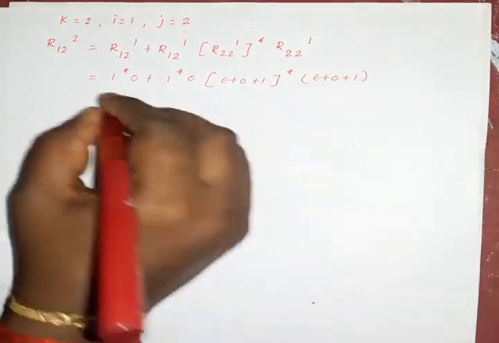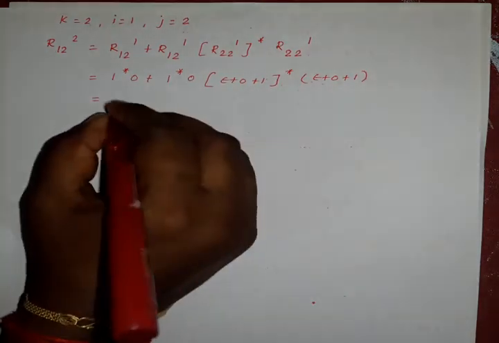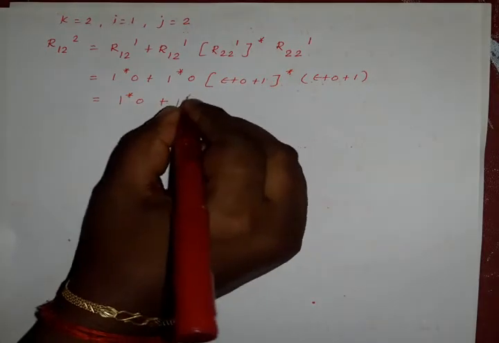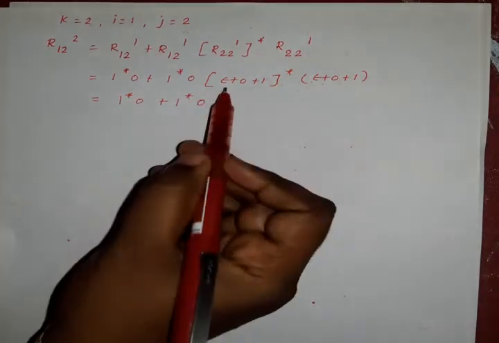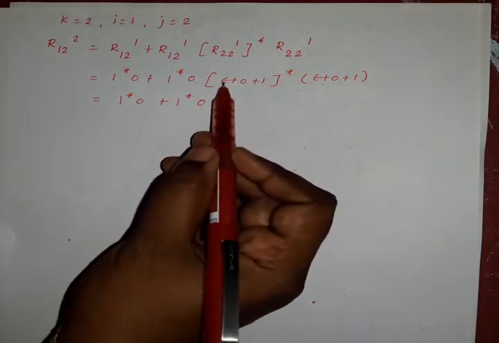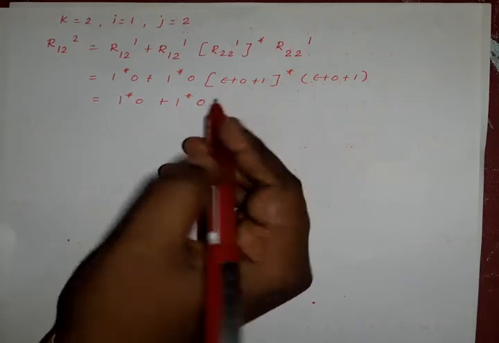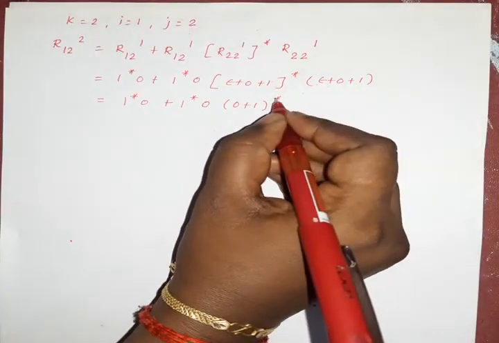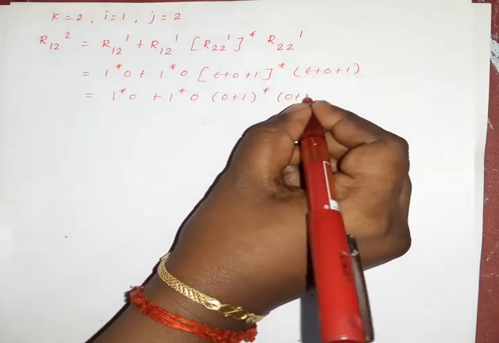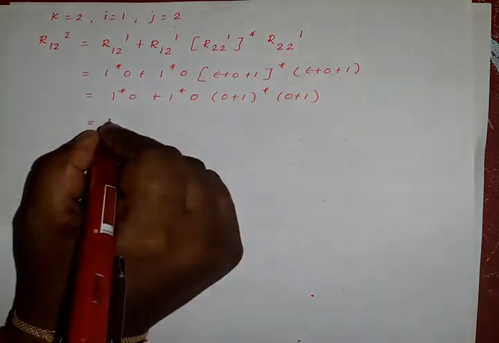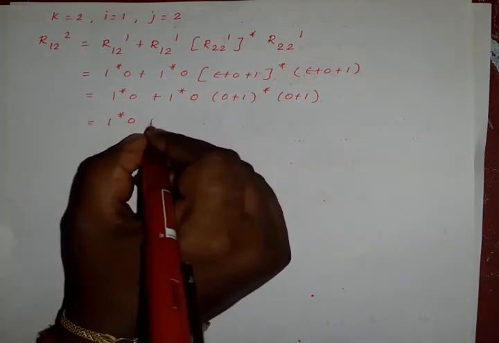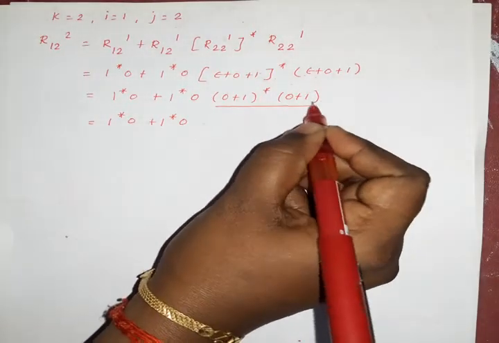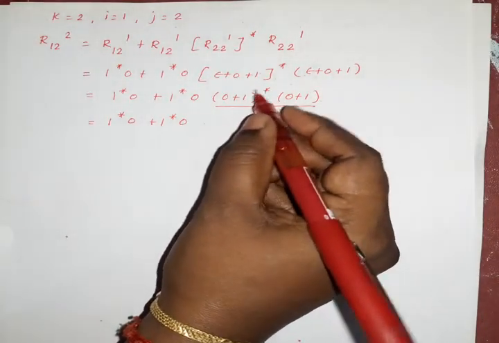Now we simplify. The first term is 1 star 0, plus this 1 star 0. Epsilon plus 0 plus 1, epsilon is nothing, so the result is 0 plus 1 the whole star, and the last term is 0 plus 1 because epsilon is nothing. Again, 1 star 0 plus 1 star 0. Here 0 plus 1 the whole star and 0 plus 1. 0 plus 1 the whole star already includes 0 plus 1.